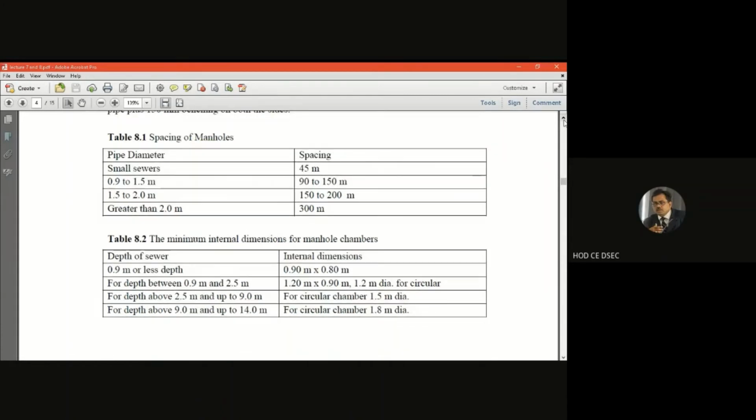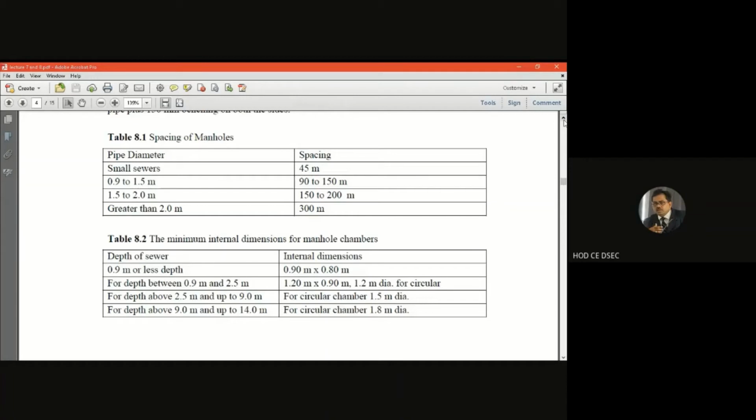Now, after the spacing of the manholes, we are discussing the minimum internal dimension of the manhole, which you have to consider in our design. There also we have categorized, depth wise. The spacing of the manhole we considered diameter wise.